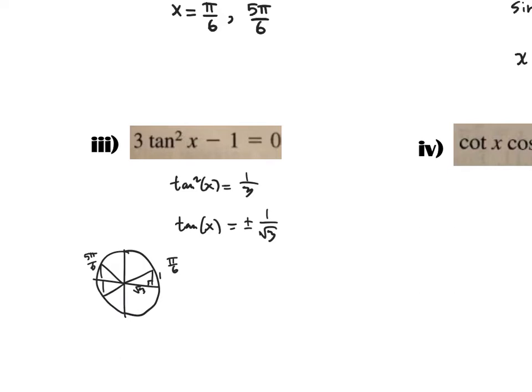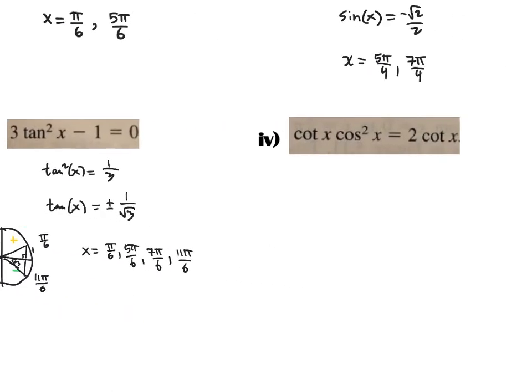Remember, tangent is positive in the first and third quadrants, and tangent is negative in the second and fourth quadrants. And there's some symmetry to this. You guys can see that this would be at 11 pi over 6. So my solutions to the following are pi over 6, 5 pi over 6, 7 pi over 6, and 11 pi over 6.